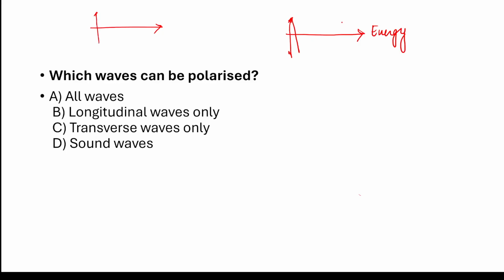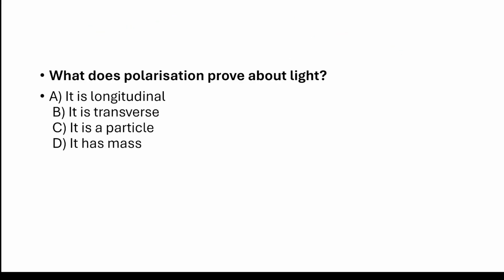If this is x, then the entire YZ plane, all the vibrations will be restricted to the YZ plane, perpendicular to the x direction. That's a transverse wave. So only transverse waves can be polarized. Longitudinal waves cannot be polarized. This shows that light is transverse in nature.